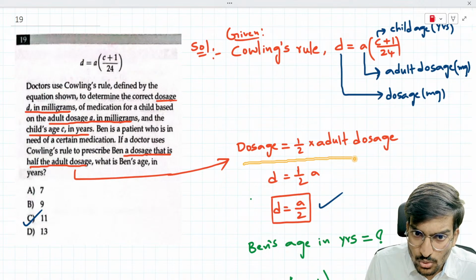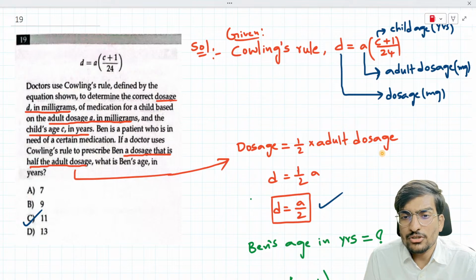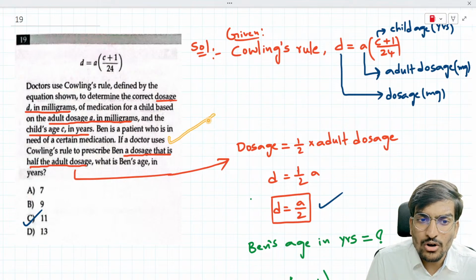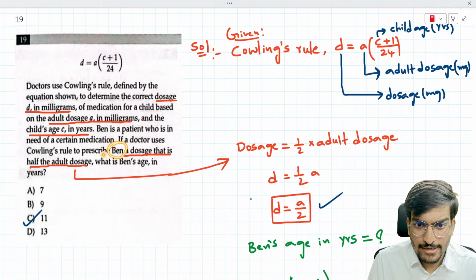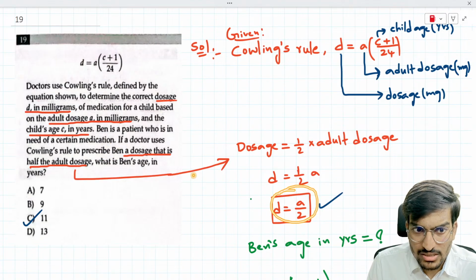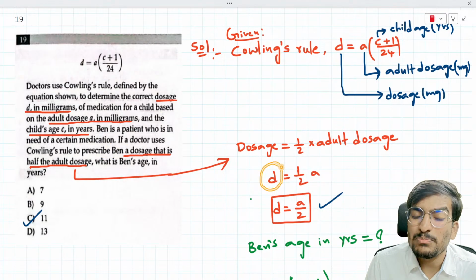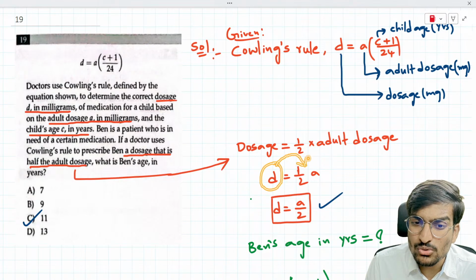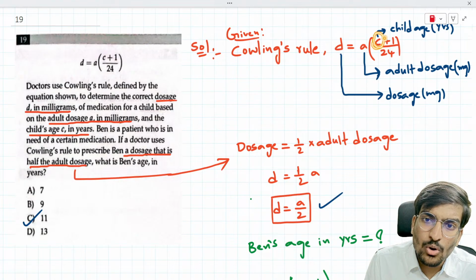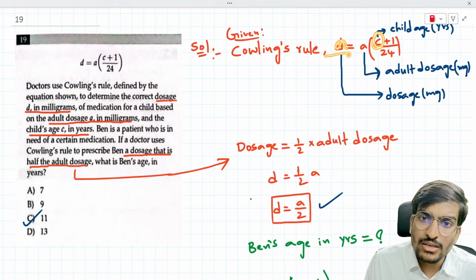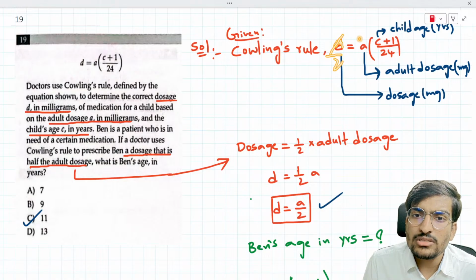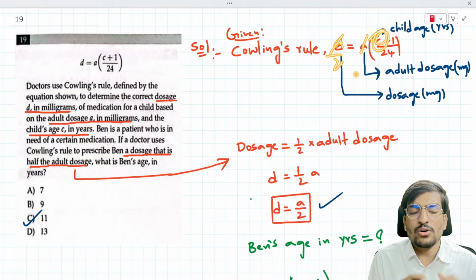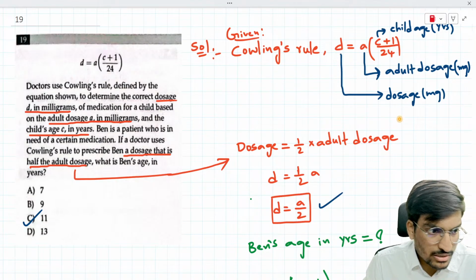Also given, the dosage equals half of the adult dosage that is given by the doctor to the patient Ben. So if the dosage given by the doctor is half of the adult dosage, what is the value of the child's age? You can cross out this A and easily get the value of C. I think it's clear now. Let me know.